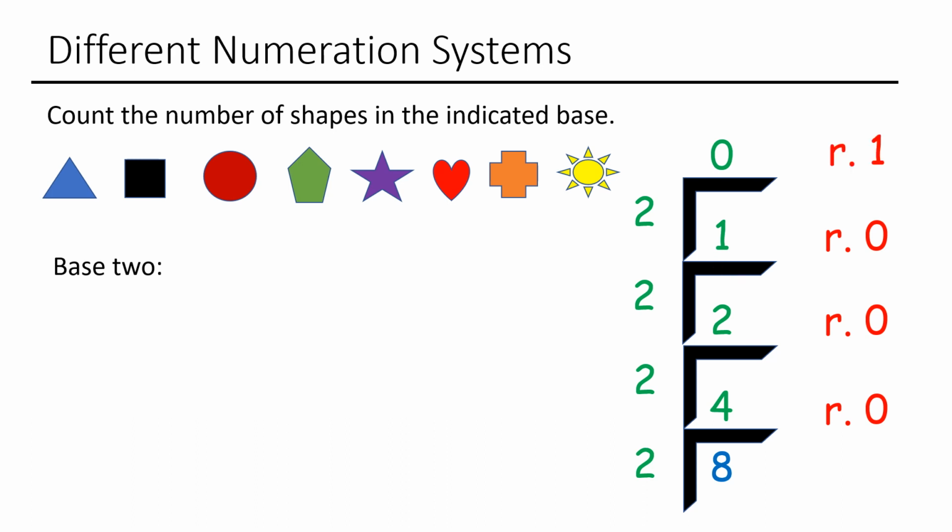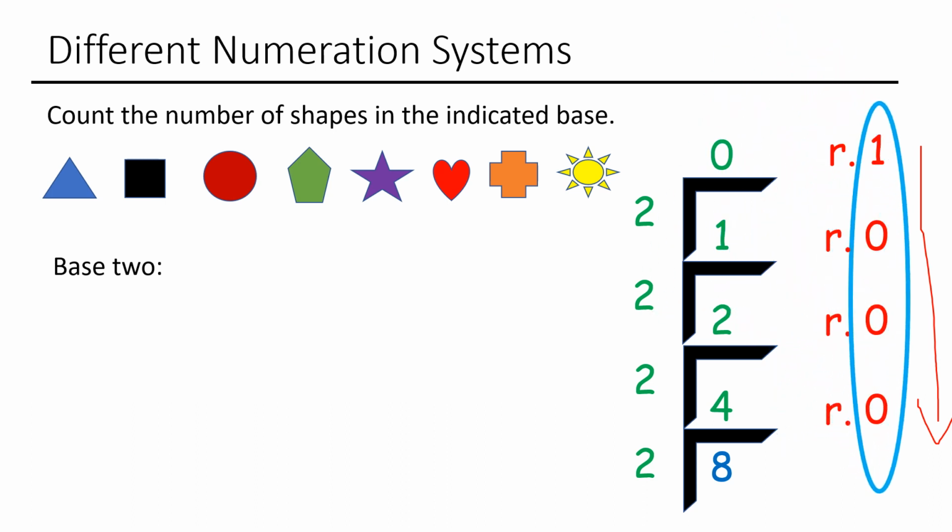Remember then that we are going to read this going down. So base 2, what is my answer going to be? So the number 8 in base 10 means in base 2, my answer is going to be 1,000.